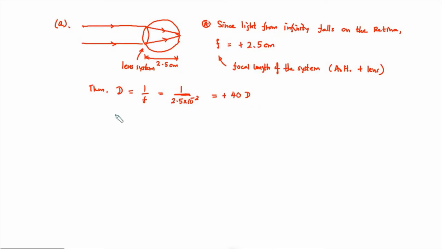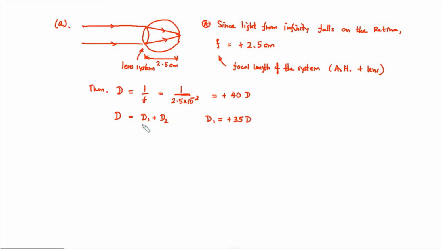Now we recall that the optical power of the system is the sum of the individual optical powers. So D1 and D2 are the optical power of the aqueous humor plus the optical power of the lens. Now for the eye lens, it's given that D1 is equal to plus 35D.